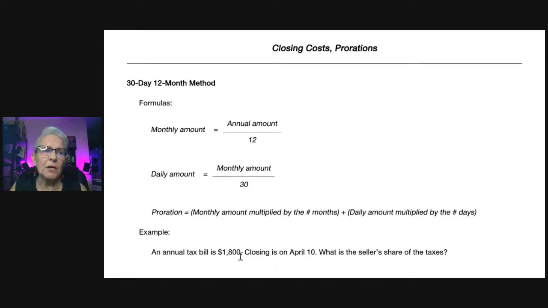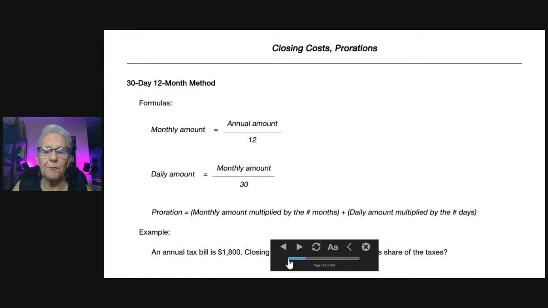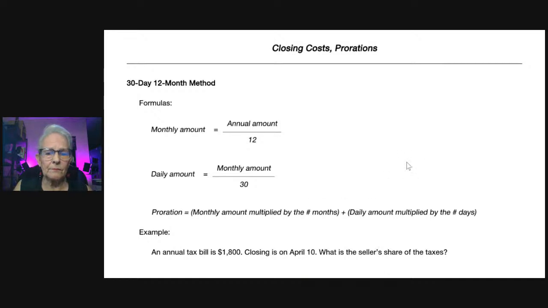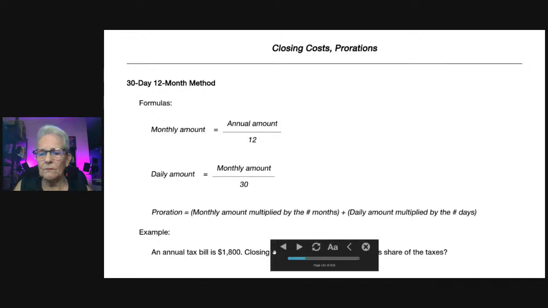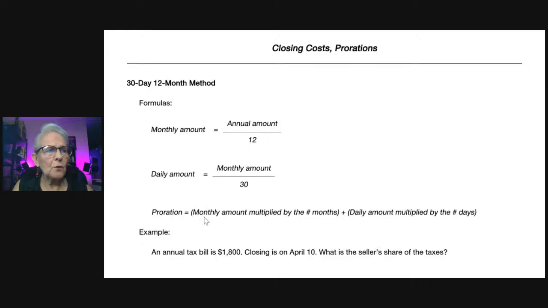So an annual tax bill is $1,800. Closing is on April 10th. What is the seller's share of the taxes?